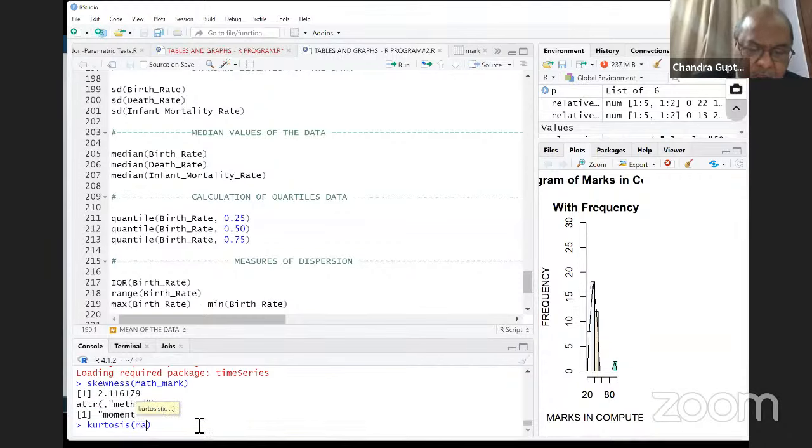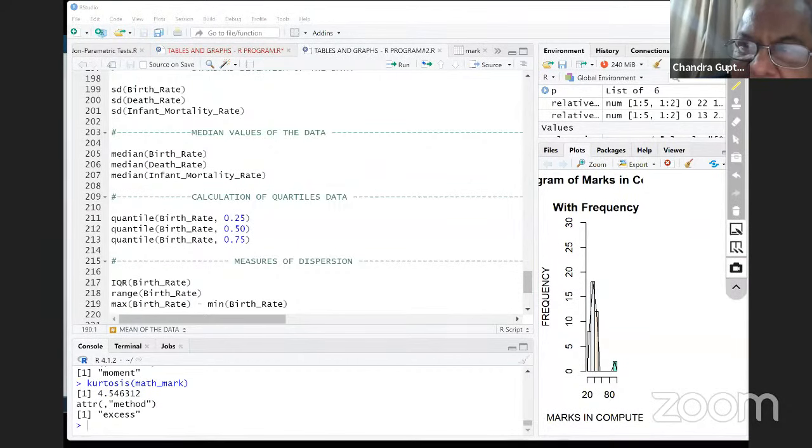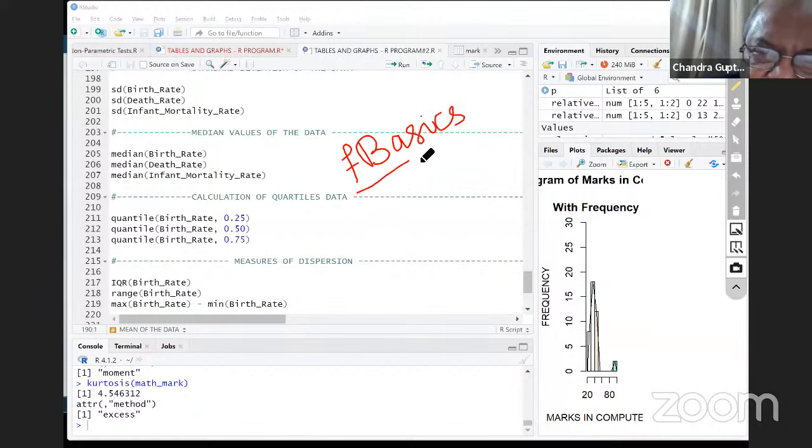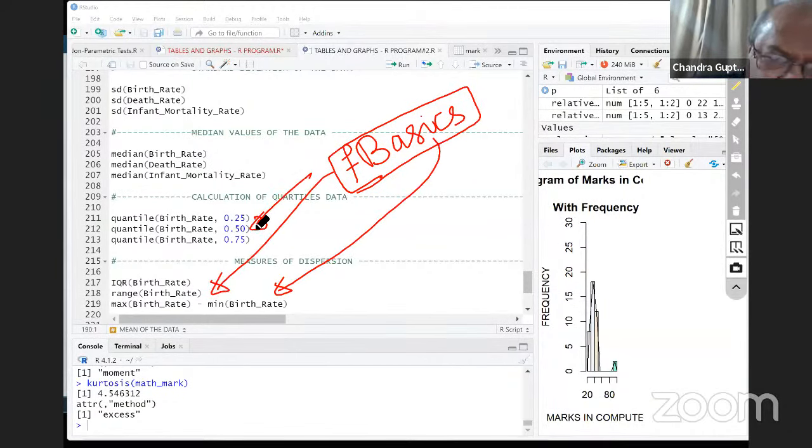So if you want kurtosis, you can calculate kurtosis of maths marks. And 4.54 shows a leptokurtic distribution. So friends, if you want to calculate kurtosis and skewness, you have to install a package, which is fBasics, with capital B and F. Once you enter it, you will get all these things.